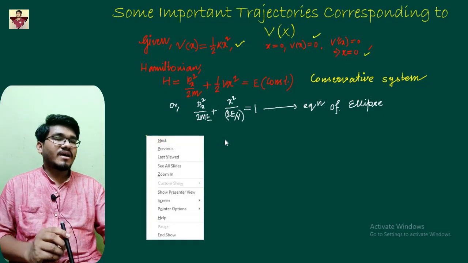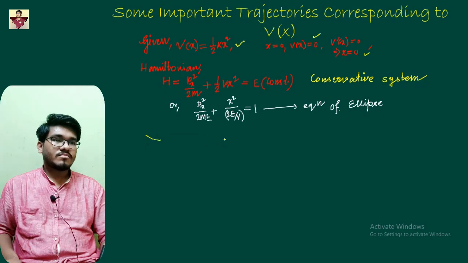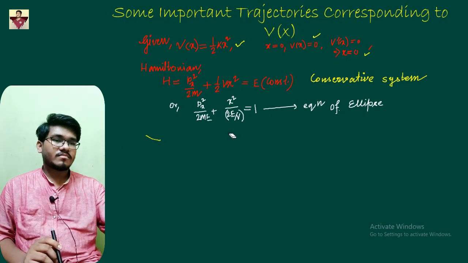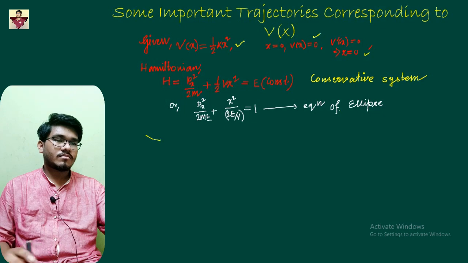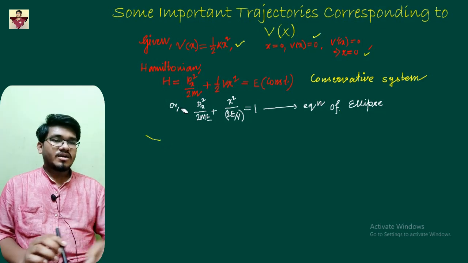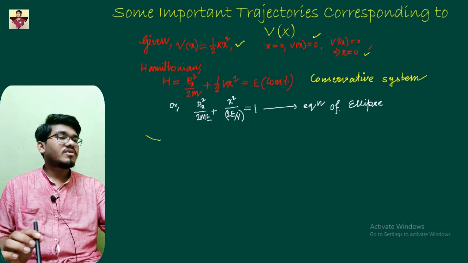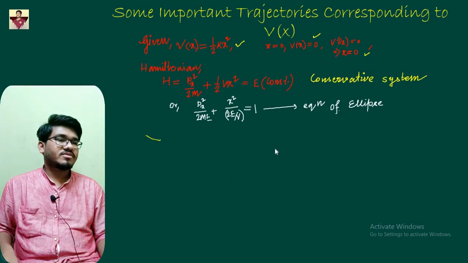So your V versus... let me remove this line. Okay, it is not removing. Okay, let me draw first V versus x, then I will show how you can plot the phase space trajectories.